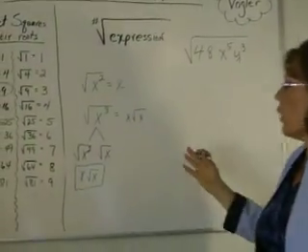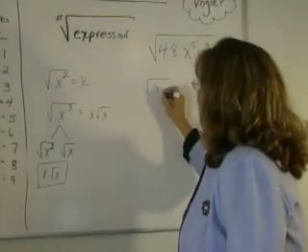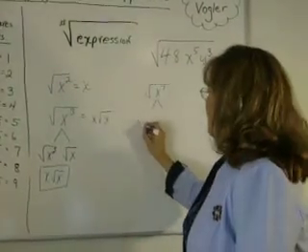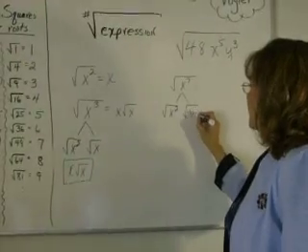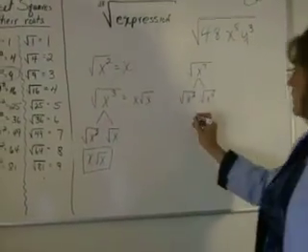If we wanted to go a little bit further and do, say, the square root of x to the 7th, well, we can break that up. This is the square root of x squared times the square root of x to the 5th, because those exponents add to your 7.